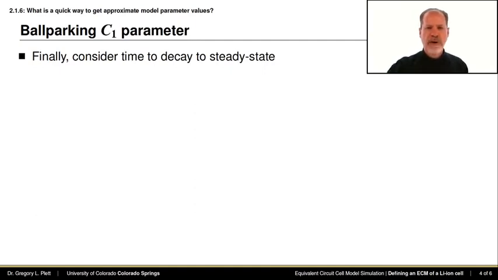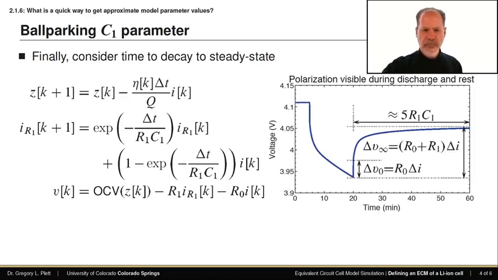The final unknown parameter value in our model is the capacitance. And in order to find this value, we consider the duration of time required for the voltage to decay into its steady state or rest value. So once again, we look at the same figure.